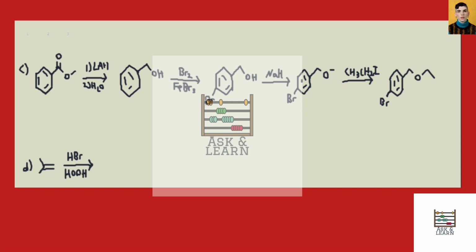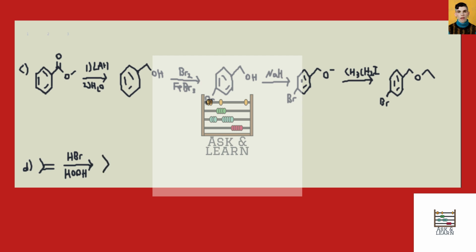One thing we could start with would be HBr and some peroxide. This is going to do an anti-Markovnikov hydrobromination, so our product will have the bromine added to the less substituted carbon.